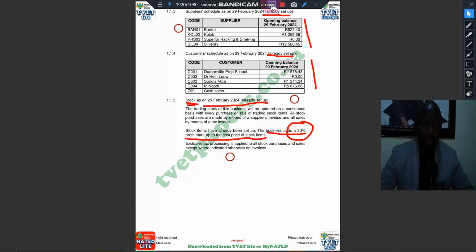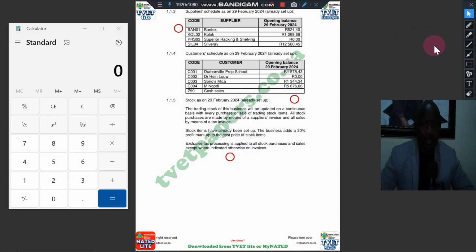It's very important. Like I was saying, if the item is costing you 10 Rand, you're going to calculate the selling price with your calculator, and you're going to do 10 Rand multiplied by 1, in a long formula, 130 divided by 100.